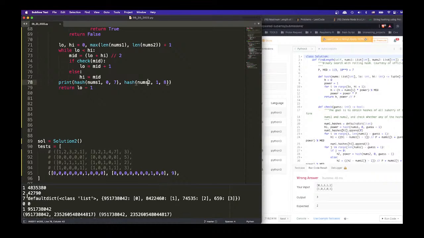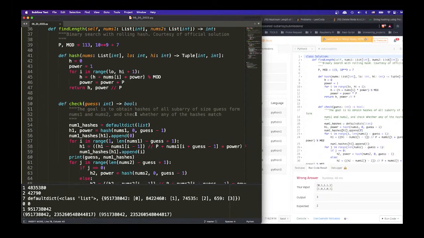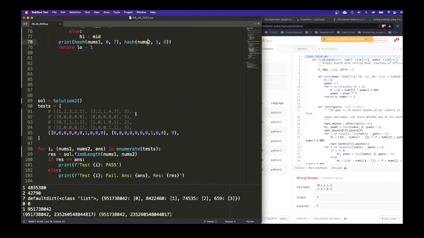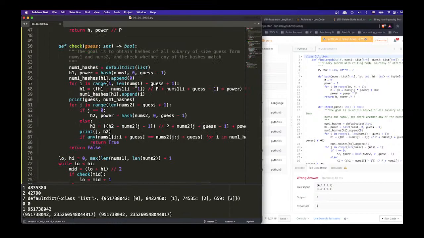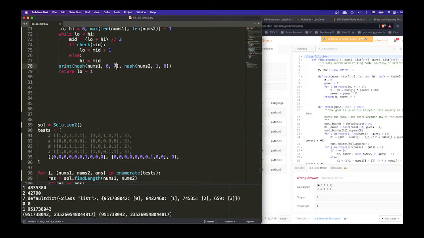But a guess length is 7. 7. Guess length is 7. 7 minus 1 is 6. Oh, yeah, it is the same.